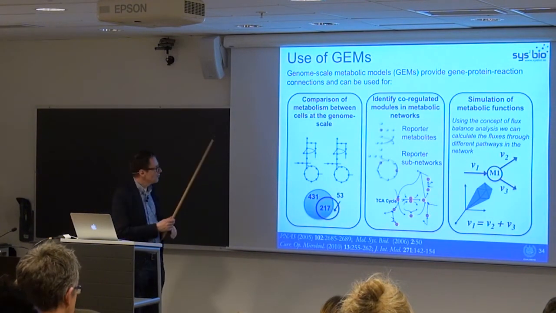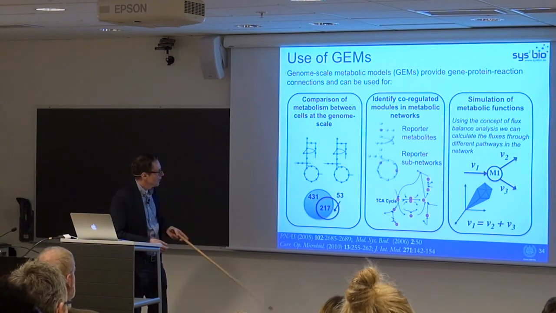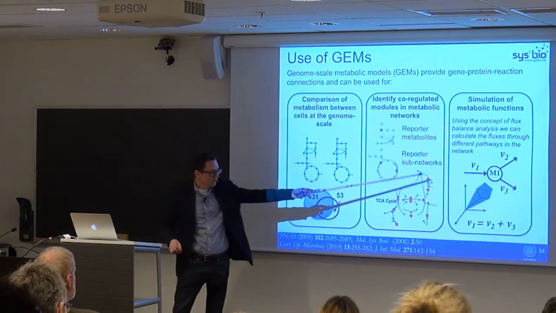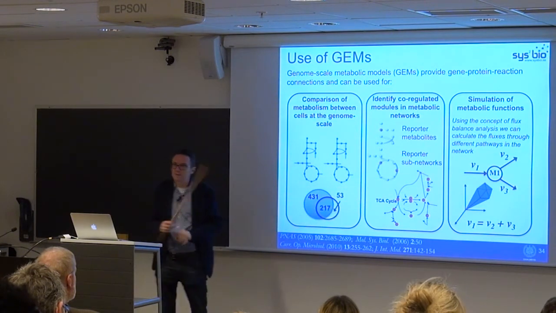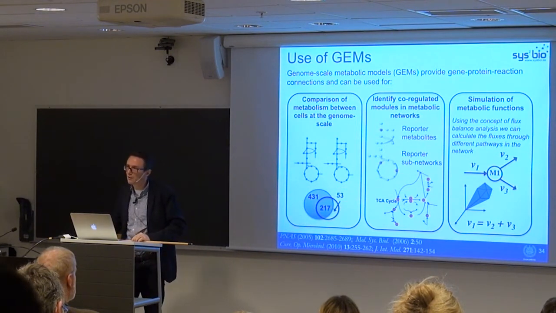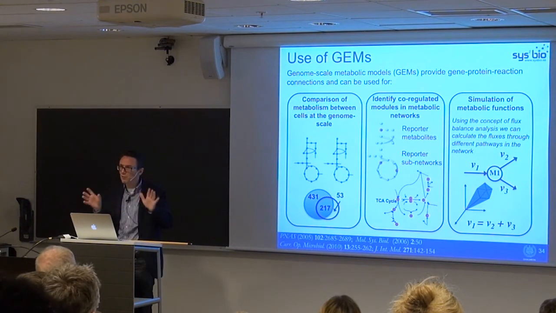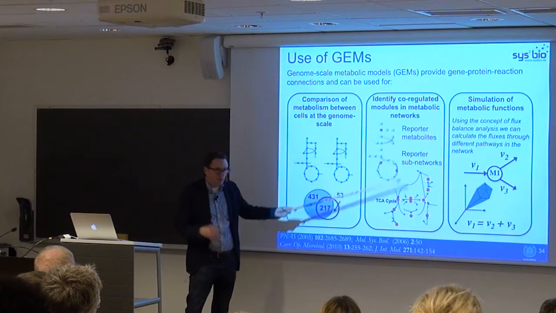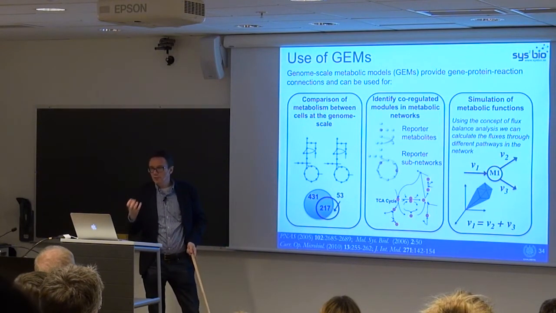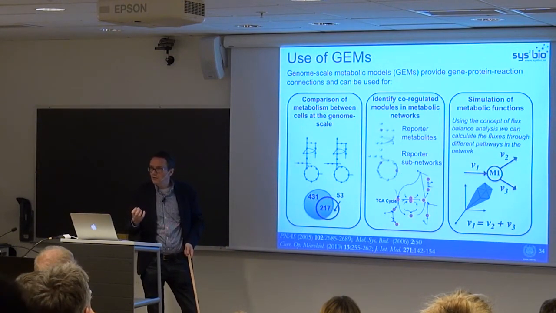These models we can use for various purposes. We can use them for simulation, because there will be a balancing of each of the metabolites inside the cell, so the fluxes into that pool will equal the fluxes out of that pool. We can use it also because it represents a highly annotated graph of connectivities inside the cell.